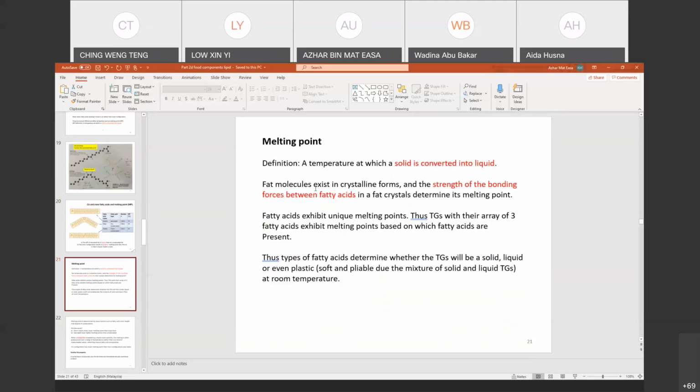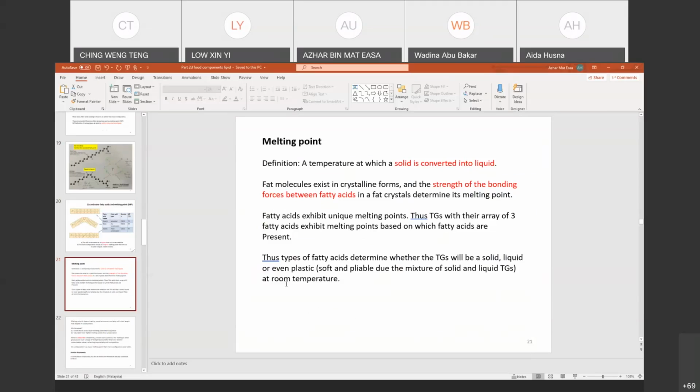So fat molecules we know in crystal form, and the strength of the bonding forces between the fatty acids in fat crystals determines the melting point. So fatty acids exhibit unique melting points. Triglycerides with an array of three fatty acids exhibit a melting point based on which fatty acids are present.